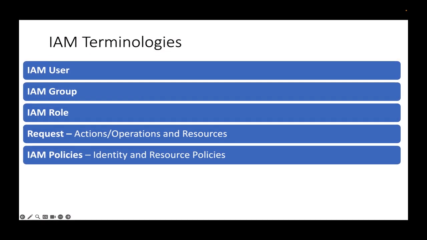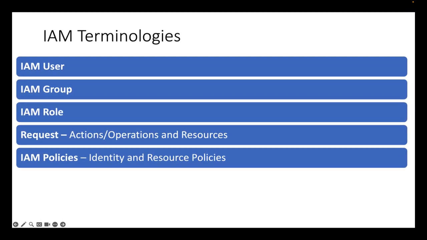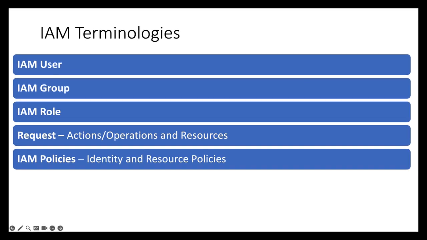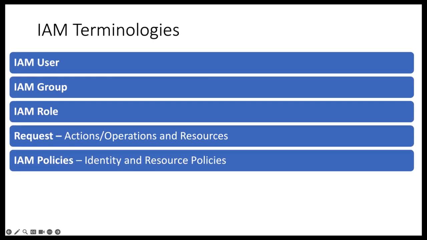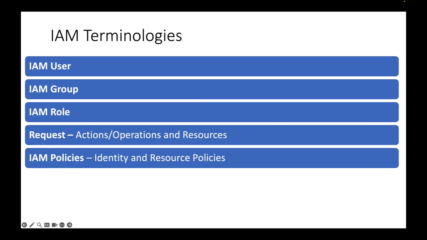IAM policies. IAM policies are just the mechanism used to grant permissions to perform those actions. So you see that a policy will grant permission to a specific identity, and an identity can be an IAM user or an IAM role or an IAM group. Principal.